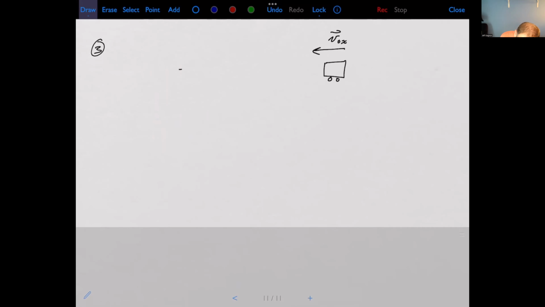And then later it's moving to the left, but with a greater magnitude. And I want to figure out the direction of the acceleration in this case. Okay, so again, I'm going to use the fact that the acceleration is the change in velocity. It's Vx minus V naught x divided by delta t.